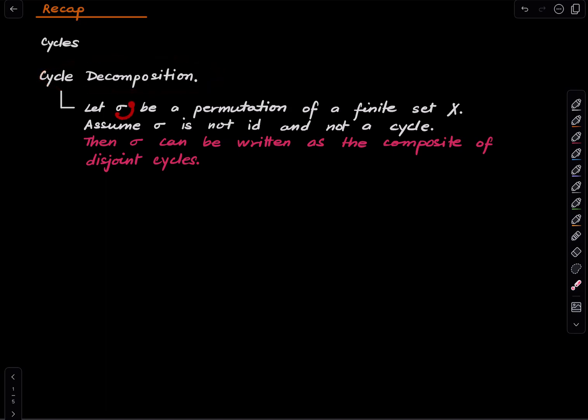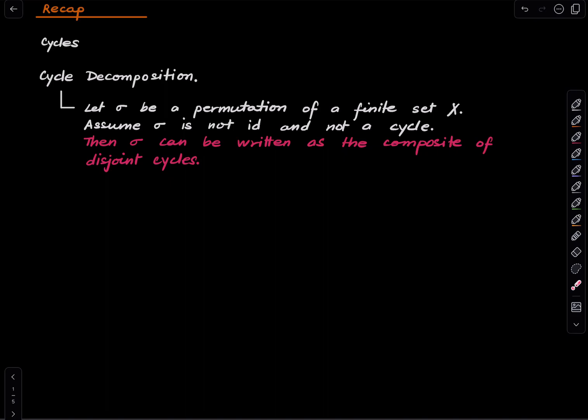It just says that if sigma is a permutation on a finite set X, and sigma is not the identity and also not a cycle, then you can write sigma as the composite of disjoint cycles. This composite may involve more than 2 permutations, which means that the cycles appearing in this decomposition will have disjoint support, so to say.